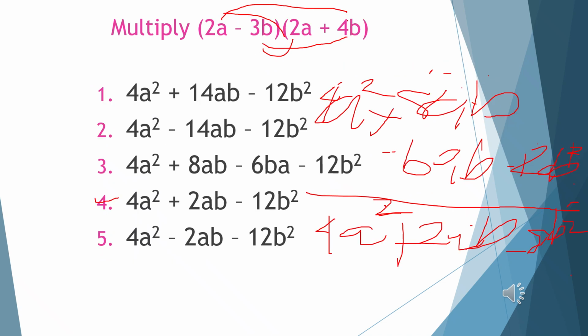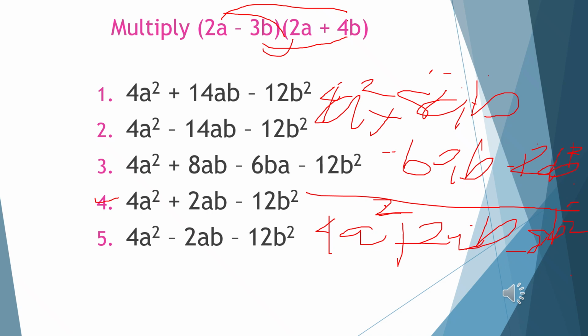Now, as you can see here, we multiply 2a times 2a. That is 4a squared. Then 2a times 4b, that's 8ab, positive. Then we have negative 3b times 2a, that's negative 6ab. The negative 3b times positive 4b, that's negative 12b squared.